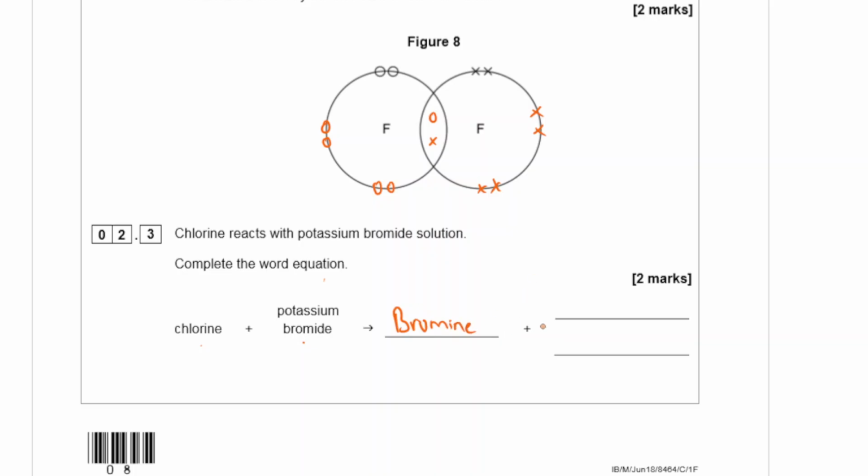It won't be bromide. Make sure that that is correct, because it's only bromide once it's formed as a compound. So it's bromine gas. And potassium chloride. Again, you need to make sure that it is chloride, not chlorine, to get the mark.